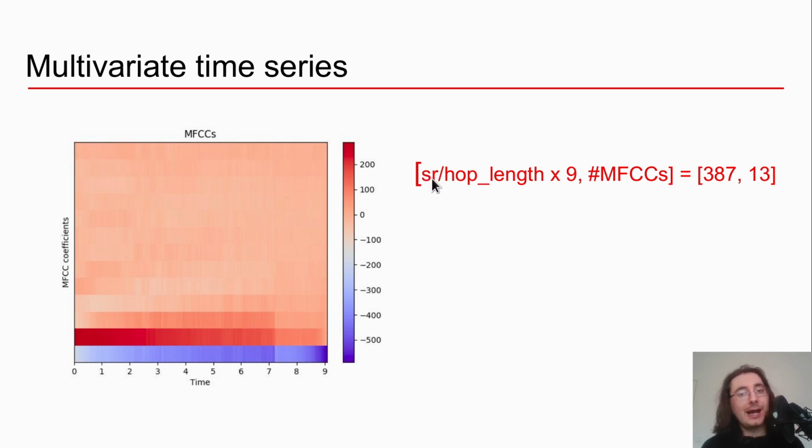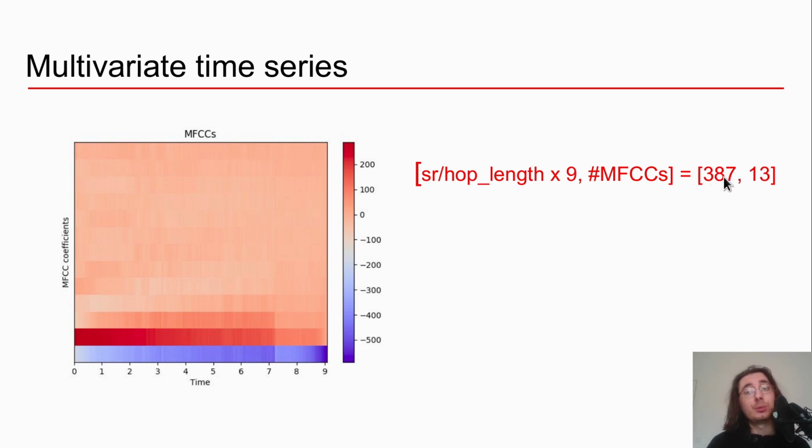In this case, we have the sample rate divided by the hop length, which is 512, quite customary. Again, if you don't remember, just go back and watch my previous video on this. Then we multiply that by 9, the number of seconds. So overall, we have around 387 intervals. And the second dimension is given by the number of MFCCs, which is 13.